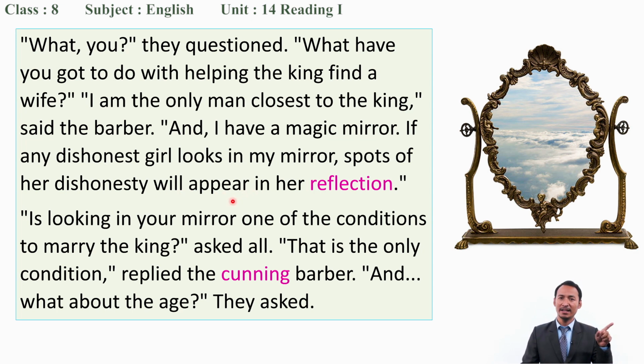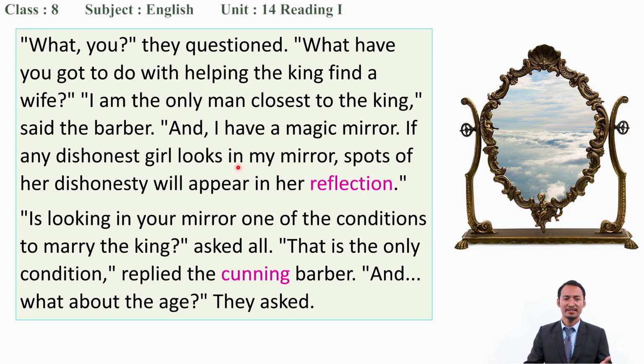He has an idea. एउटा आइडिया लगाउँछ है. त्यसपछि के भन्छ? I have a magic mirror. जसले चाहिँ के गर्न सक्छ? Dishonest girls को black spotsहरु, dark sidesहरु, नराम्रो कुराहरु, bad sidesहरु reflect गरिदिन्छ. So that I can find the best one from my magical mirror.